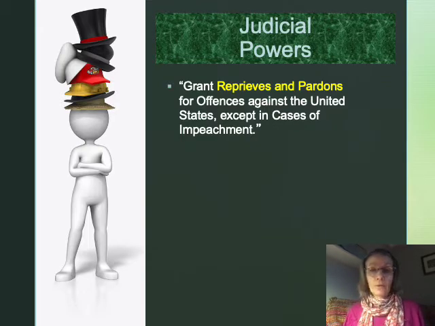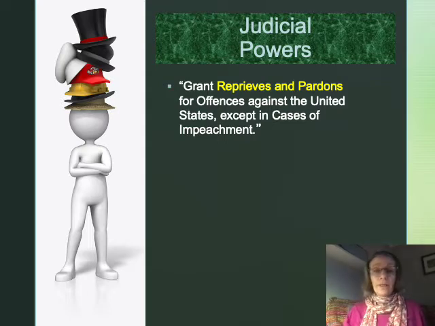Well, if an individual has been convicted of a federal offense, and the vast majority of offenses are at the state level, but if you're convicted of a federal crime, drug trafficking, sex trafficking, killing a federal officer, whatever that federal crime is, then the president has the power to pardon you completely from that conviction and sentence.